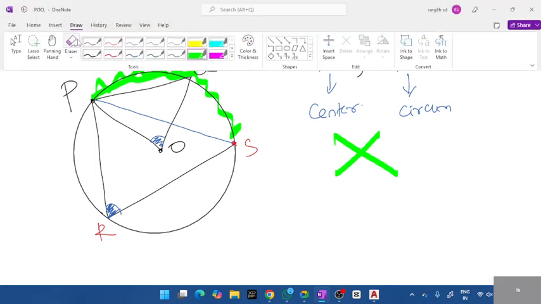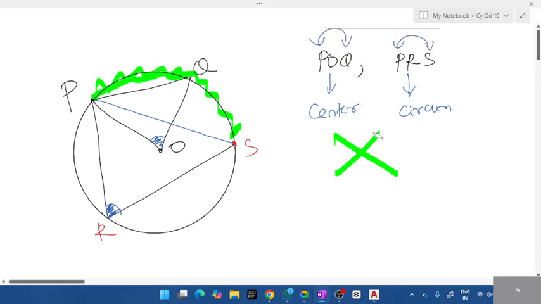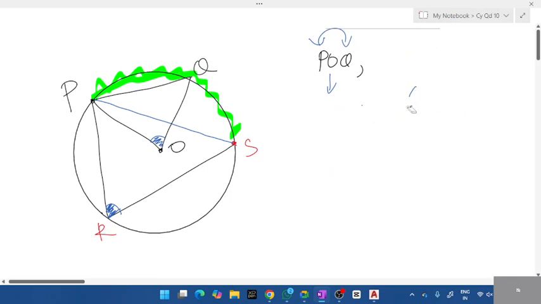You can't apply theorem one, students. Center is equal to two times circumference. You can't apply that concept because the base is not the same. It's very simple. The arc should be the same. Arc is nothing but the base.